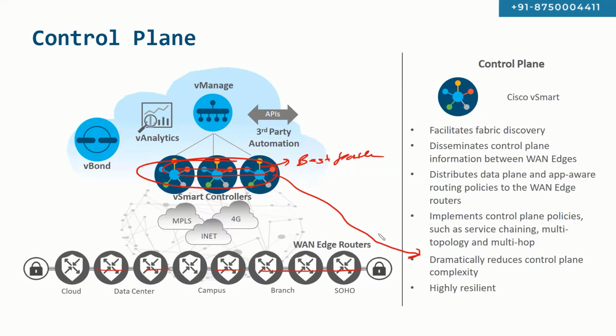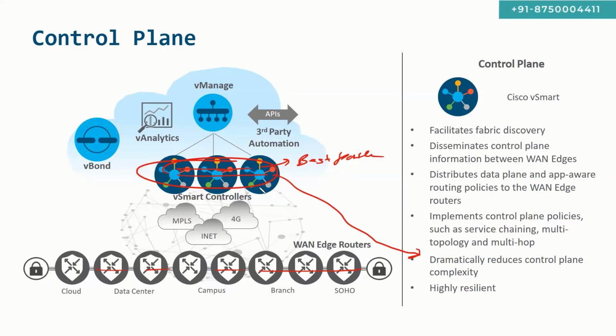If you wanted to modify your best path from one MPLS provider to another, you would have to log into each site router and modify the BGP route policy. That is a problem, because if you have thousands of sites, it will take a very long time to get this done.